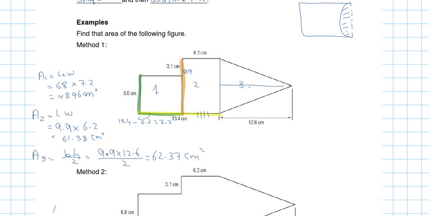Now, in order to find my total area, it's a matter of adding them all up, right? So my area total is area 1 plus area 2 plus area 3.